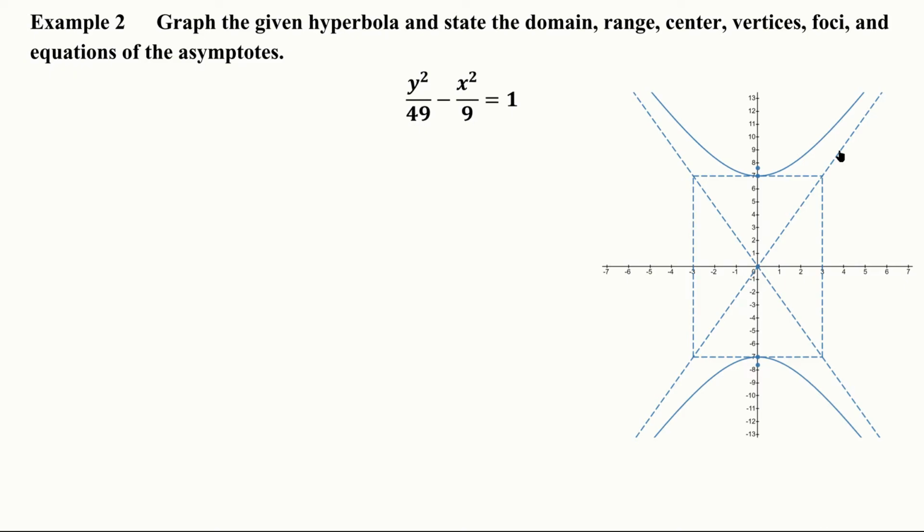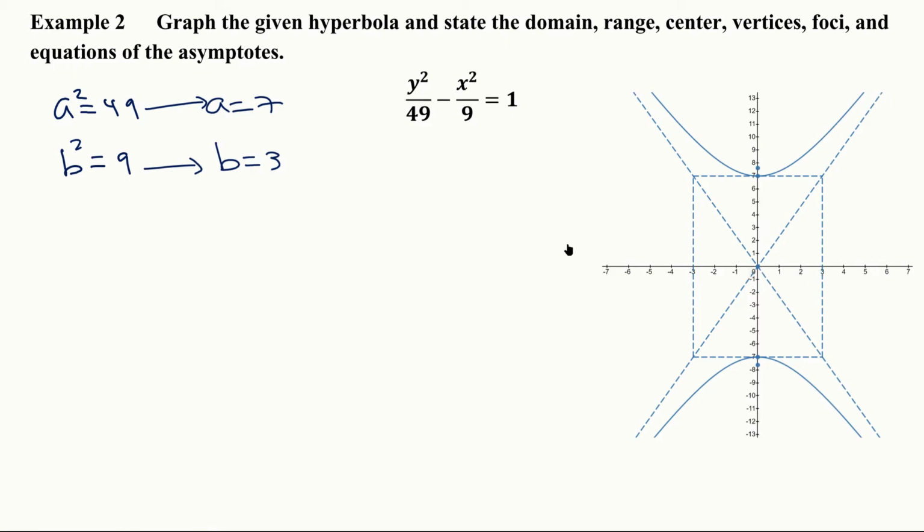And we know that a squared equals 49 and b squared equals 9. Now, since I'm interested in the length of the A piece, I'm actually just going to say A equals 7 and B equals 3, because I'm really interested in how large that distance is.